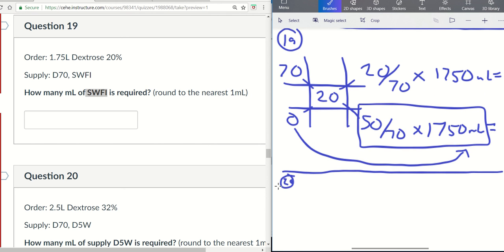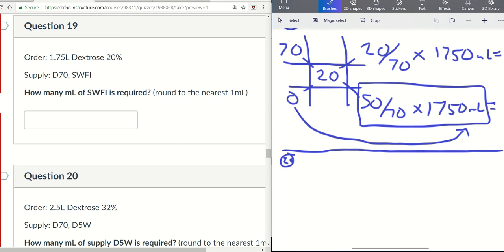So 1,250. Can we write the decimal point? To the nearest 1, so no decimal point at the end. To the nearest whole number. No commas, please. Just 1250.